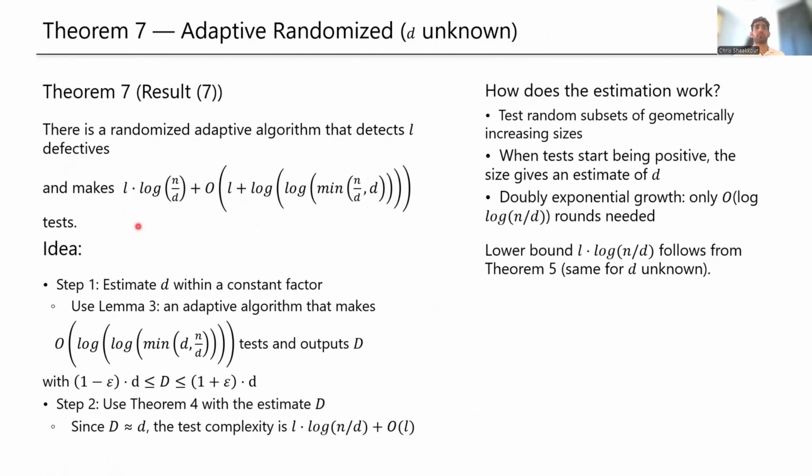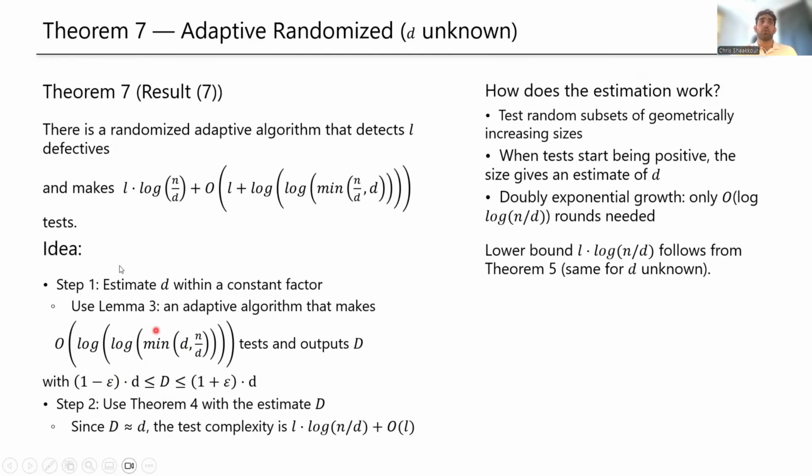We don't know D, so we estimate it within a constant factor. And then use lemma 3, an adaptive algorithm that makes O of log minimum D of n divided by D tests and outputs D with 1 minus epsilon times D, where D resides between those two bounds, 1 minus epsilon D and 1 plus epsilon D.